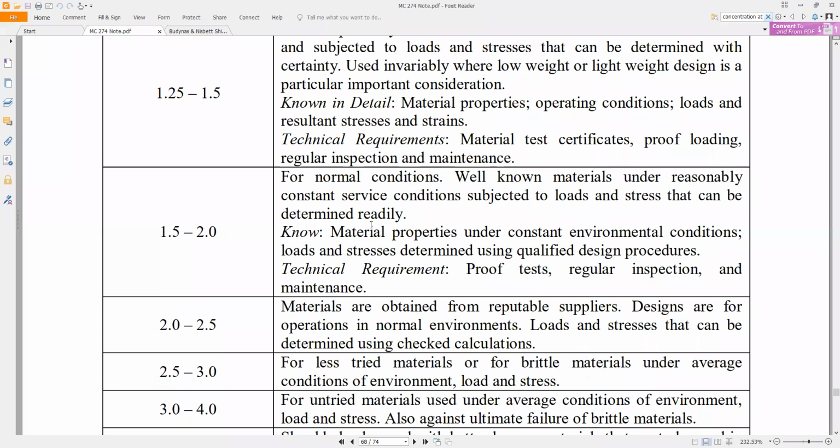And then 1.5 to 2 for well-known material under normal material conditions. So well-known materials under reasonably constant service conditions subjected to loads and stress that can be determined readily. So when we can determine the loads and stress readily, then this will be the factor of safety range.